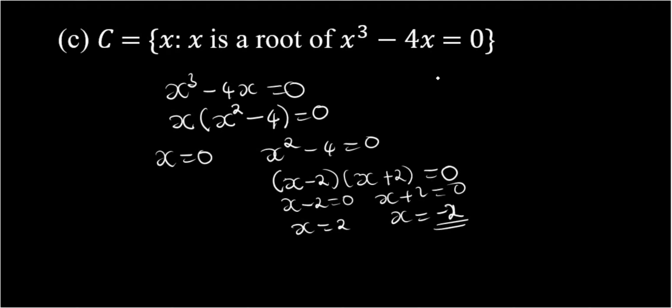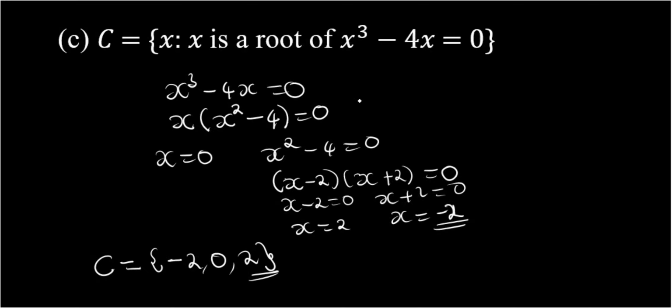Since we have been asked to write this set in roster form, we say C is equal to, now we get all the values of x. You start with the smallest, so C is equal to negative 2, 0, 2. So we are done on this one.